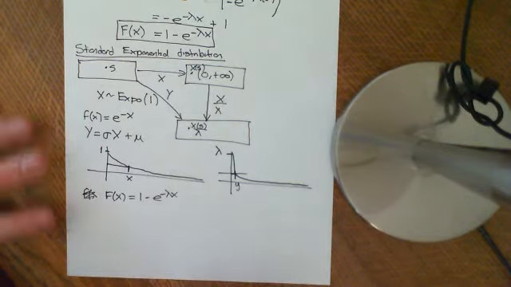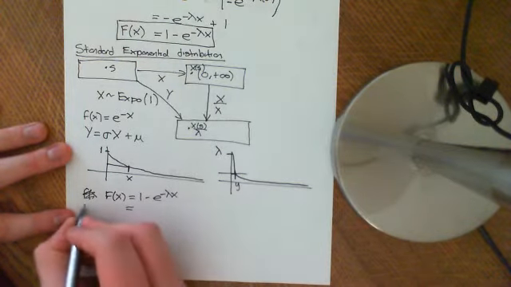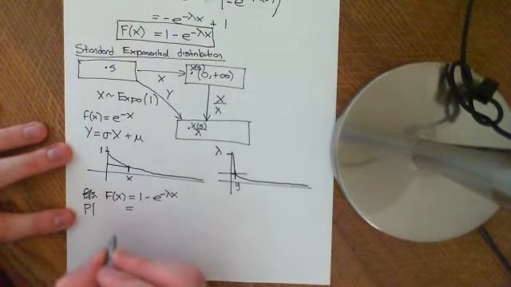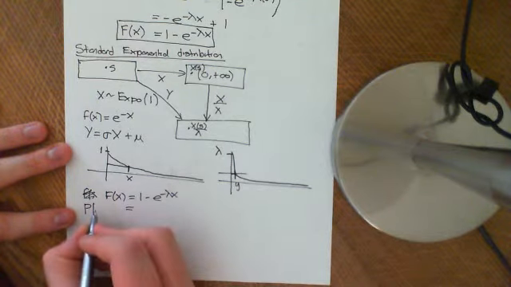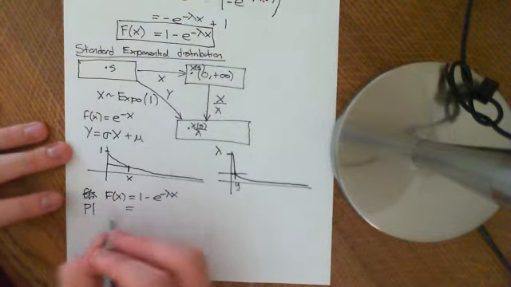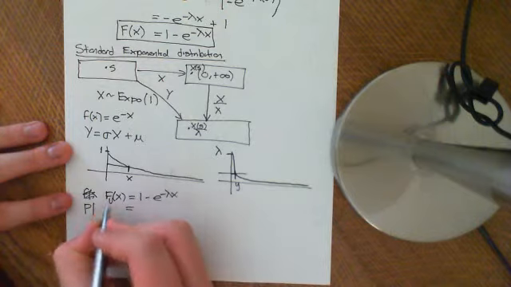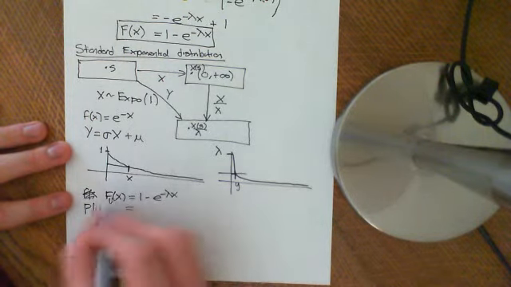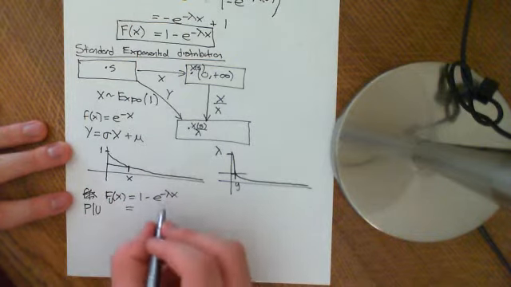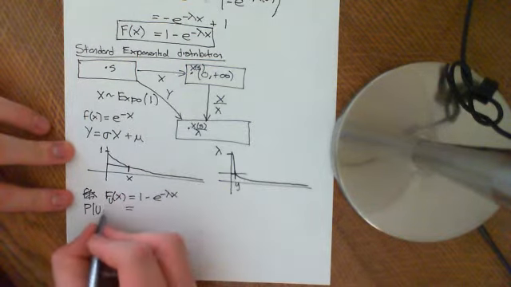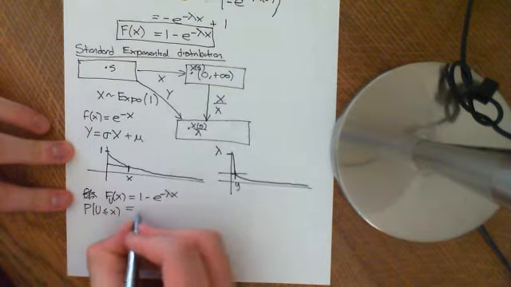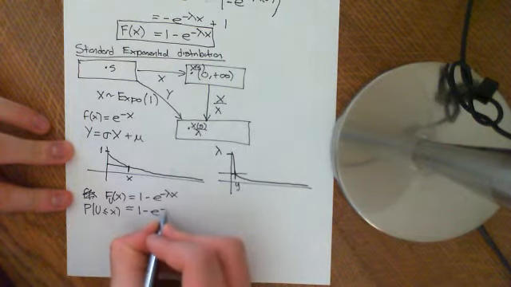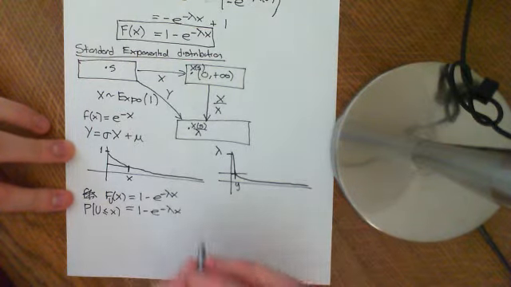So that is equal to the probability that the random variable, let's call it u, which is generally exponentially distributed with parameter lambda, is less than or equal to x, given by the formula 1 minus e to the negative lambda x.